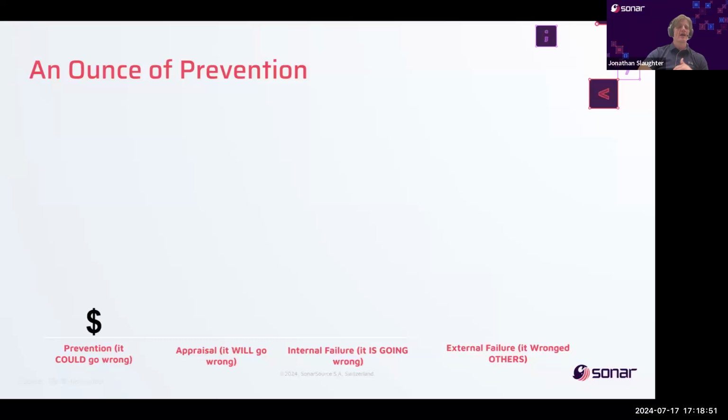For every dollar you spend in prevention, it's going to cost you $10 in appraisal. If I train somebody right the first time, then I can have more trust in my quality review process. So maybe I can do a little bit less sampling and have a higher trust. I don't have to make much investment in testing and inspection resources.